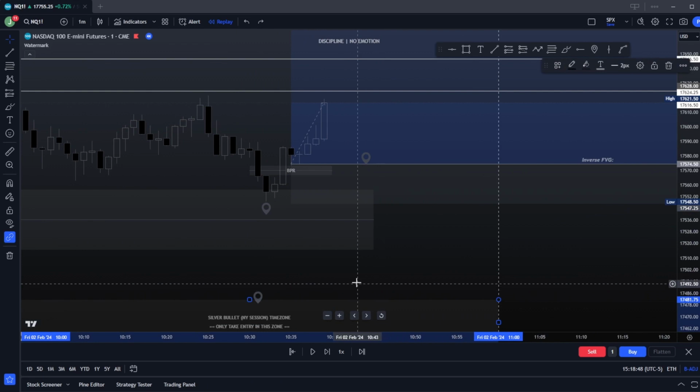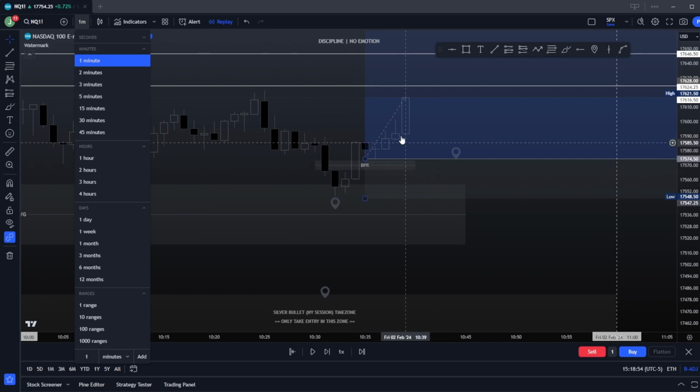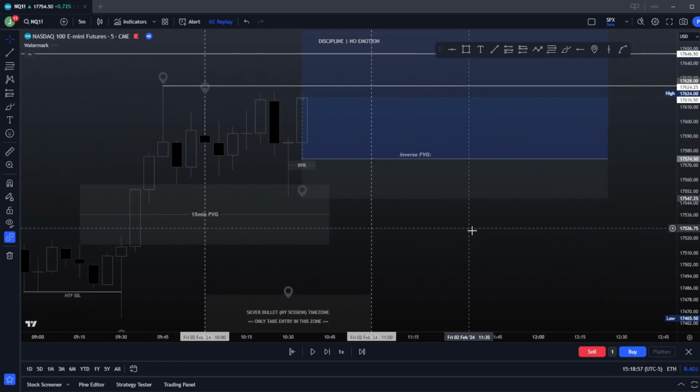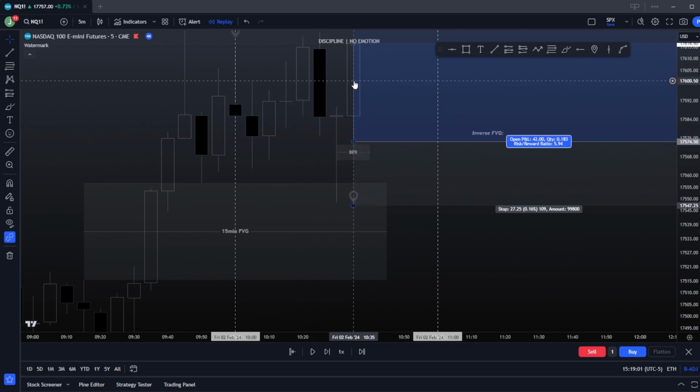Because even though we had this reaction and we closed the 5-minute candle out like this, yeah, it's a hammer candle and it's bullish.